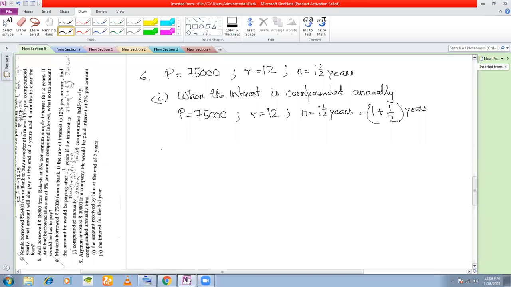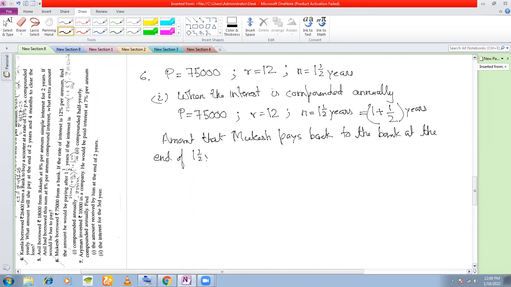Now we shall calculate. So the amount that Mukesh pays back to the bank at the end of 1.5 years, when the interest is compounded annually.